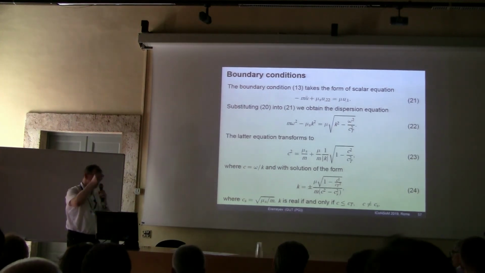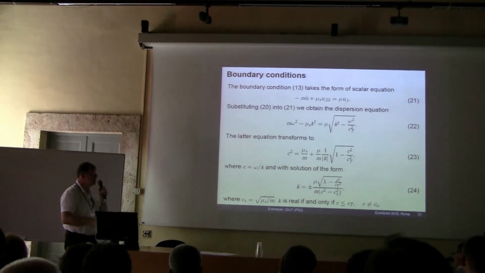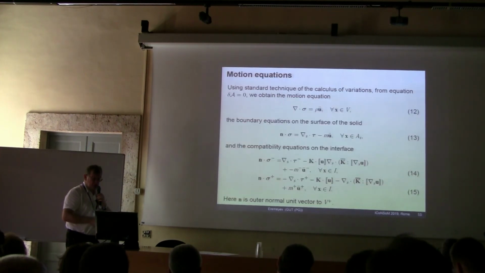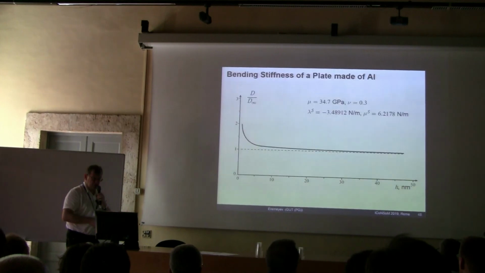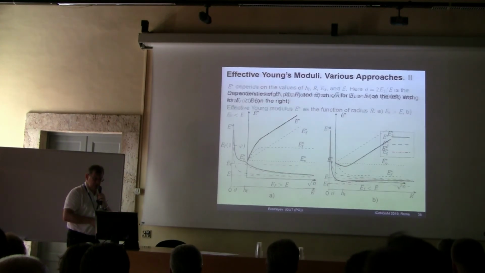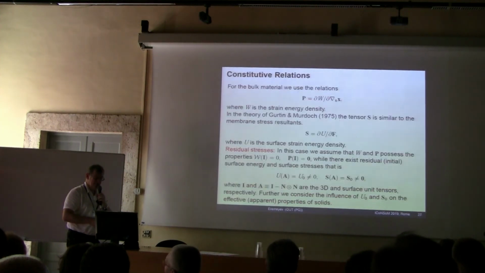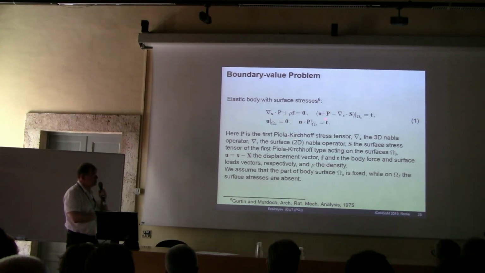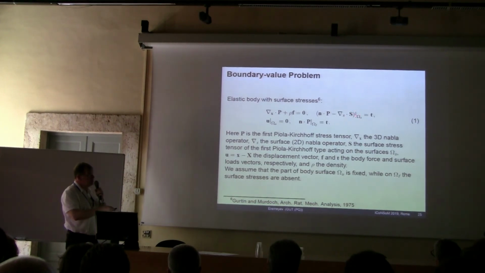We must introduce some surface functions, surface stresses, and in the general statement it looks like this. You have this divergence of surface stresses. If you have surface stresses of higher order, then inside you have surface hyperstresses.